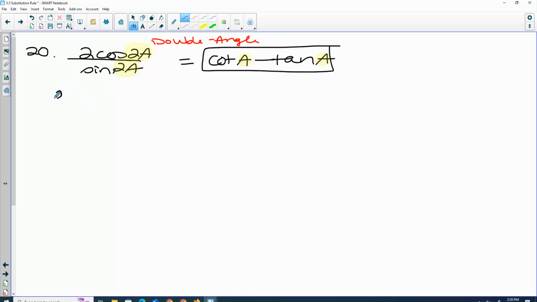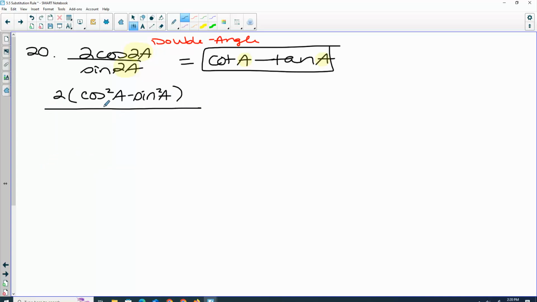So we have two. Cosine 2A, there are three different options for cosine 2A. You can get there from any of them, but if you think about what you want, we want cotangents and tangents. That means we want sines and cosines. So I would pick the one that is both sine and cosine.